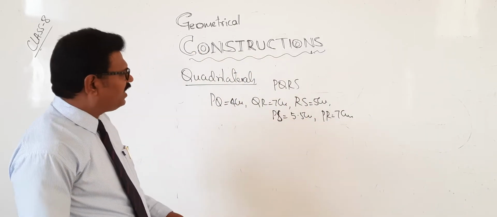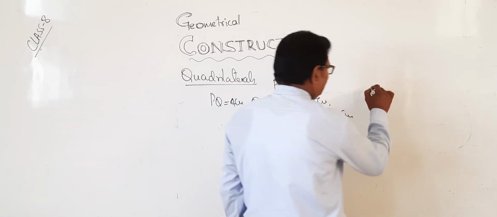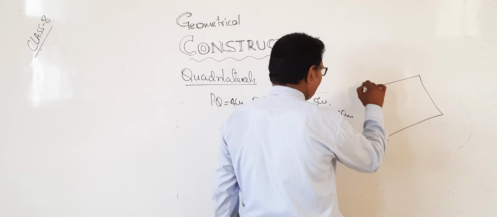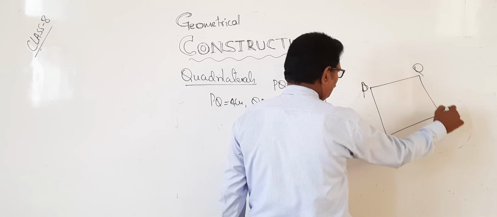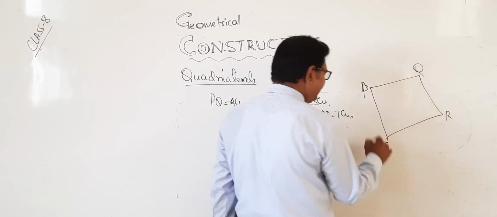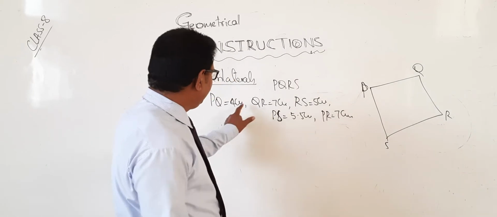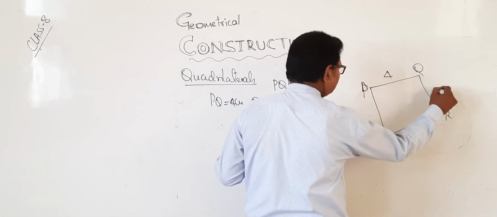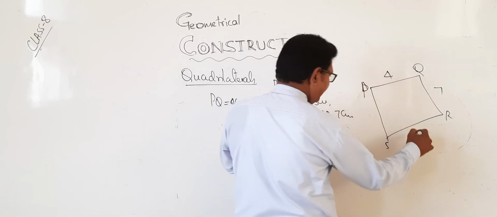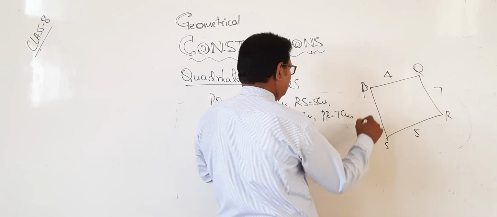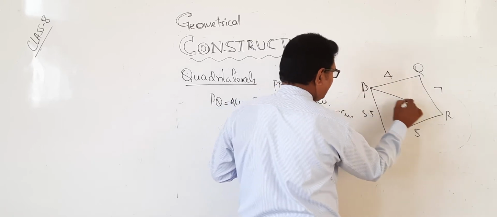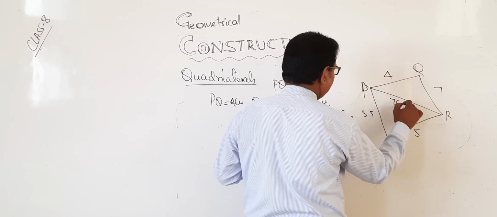First we should draw a rough diagram. However you want, you can draw the rough diagram. P, Q, R, S. Now PQ how much is there? 4. QR 7, RS 5, this is PS 5.5 and PR 7 centimeters.